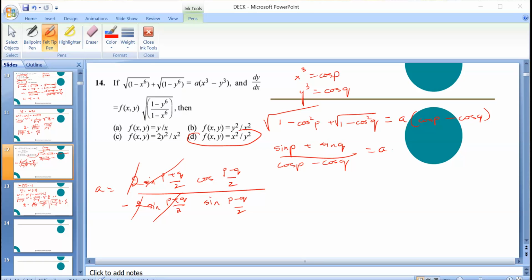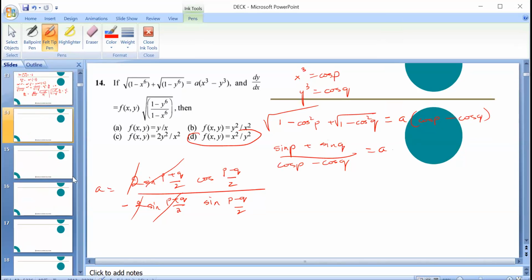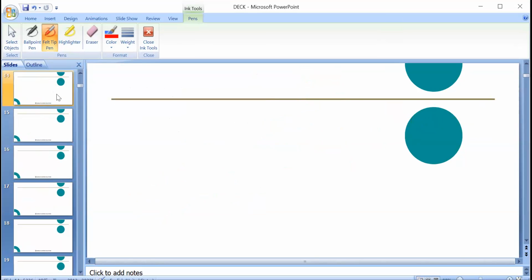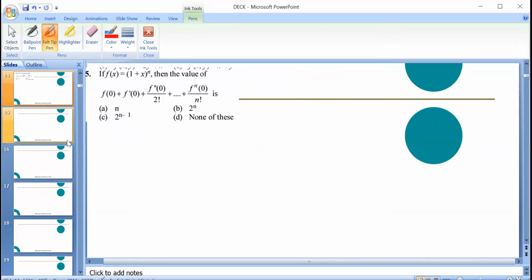Next we will go to question number 50. F of x is 1 plus x whole power n, and the value of f of 0 plus f prime of 0 plus f double prime of 0 by 2 factorial, up to f nth derivative of 0 by n factorial. So f of x is 1 plus x power n.